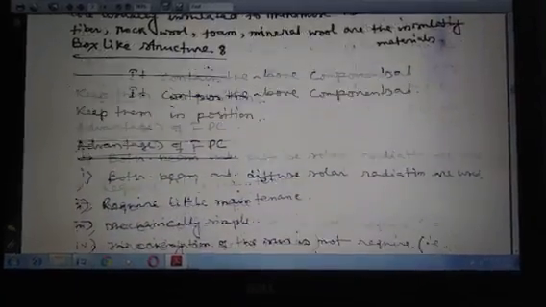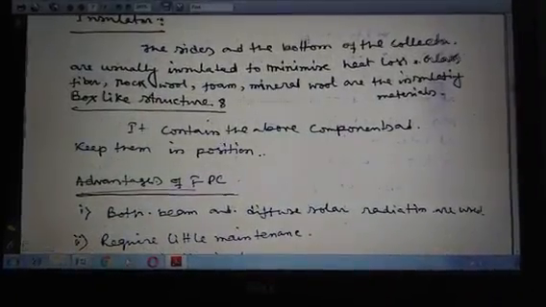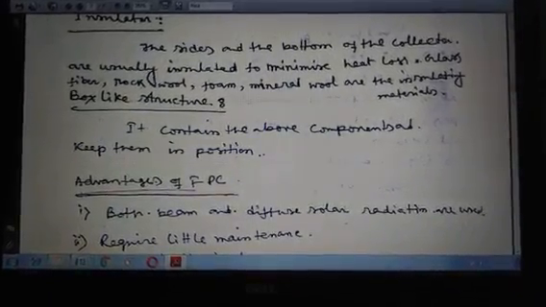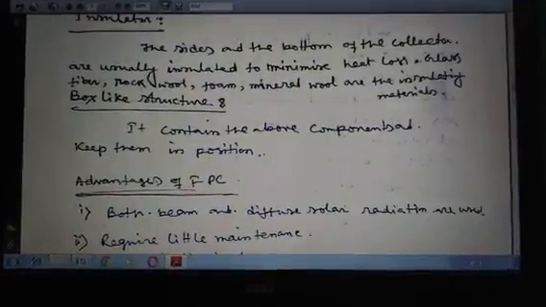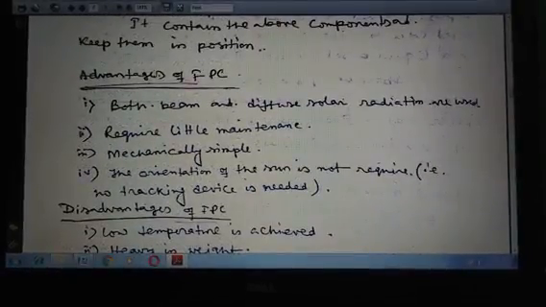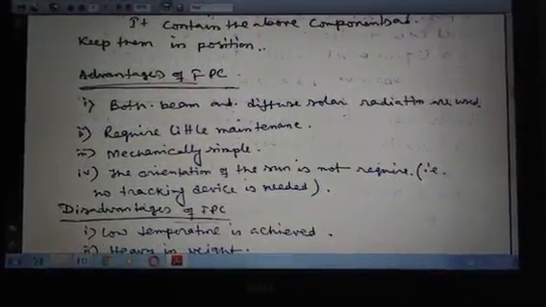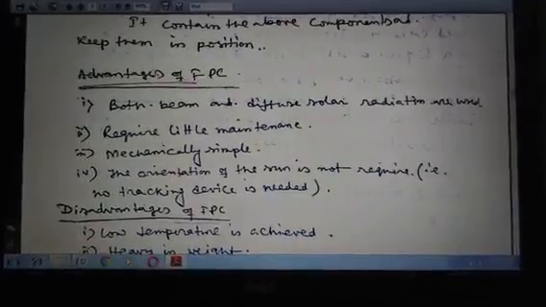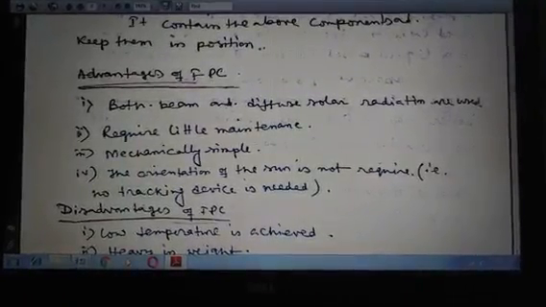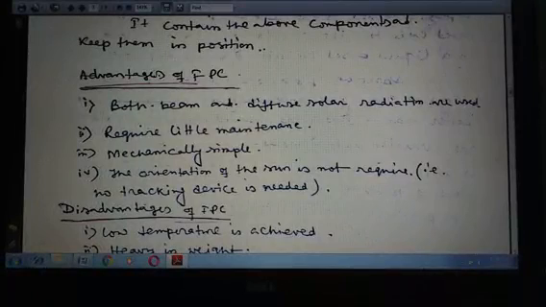Next one, the box-like structure. It contains the above components and keeps them in proper position. Now, the advantages of the flat plate collector. First advantage, both beam and diffuse radiations are used, so the utilization of heat is better in this type of collector.